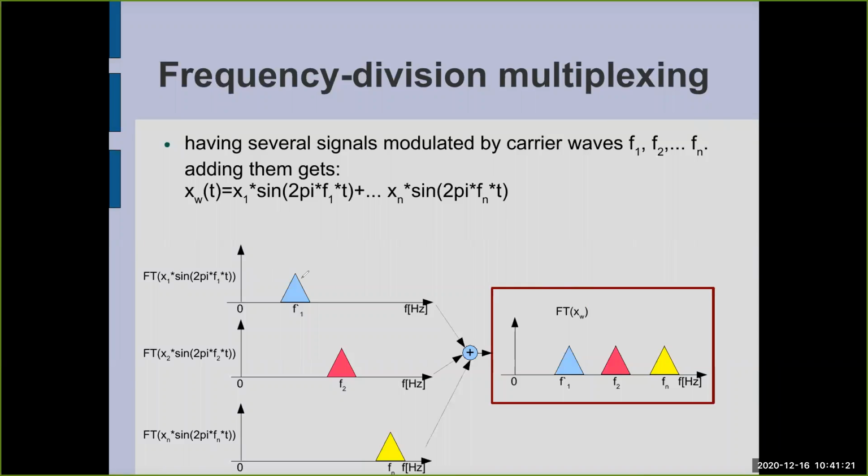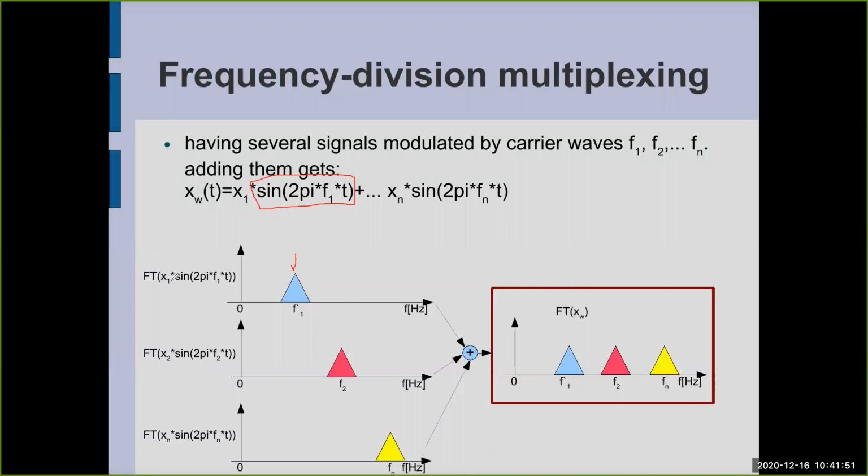So let's assume that we have different signals, and each signal is modulated using a different frequency. So we have signals x1, x2 up to xn, and each of the signals is modulated using a different frequency.